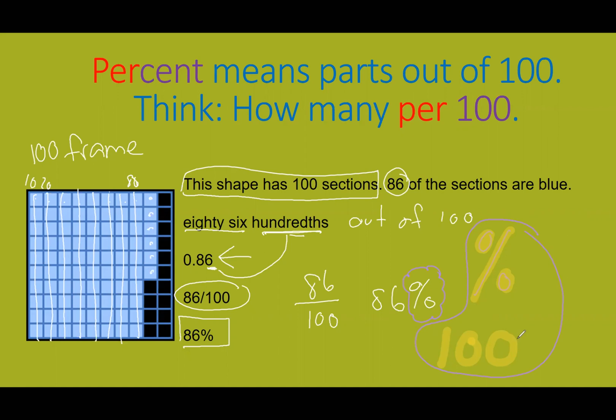Now it doesn't mean exactly 100, because sometimes we could say 1,000%, right? Have you ever heard somebody say that? Like, oh, are you excited to be here? Oh, 1,000%. It just means part out of a whole, right? But what we're going to talk about is it's a percent out of 100.